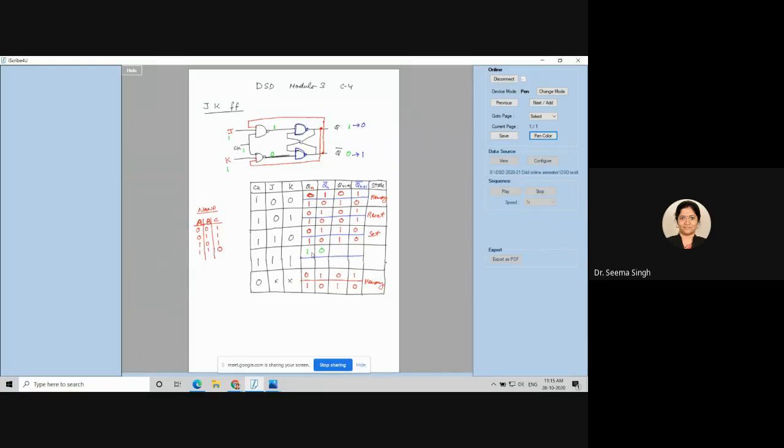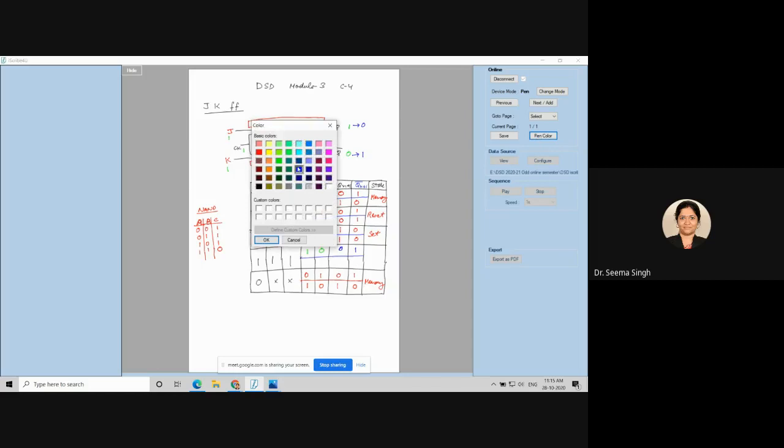Now, when Qn is 1, it became 0, and Qn bar was 0, it became 1. So this is one case. Now we will have to see our next case in the same fashion. So I will show you the next case now.